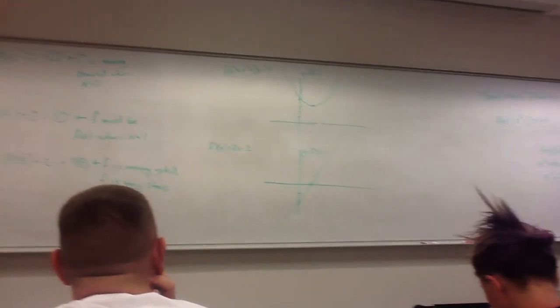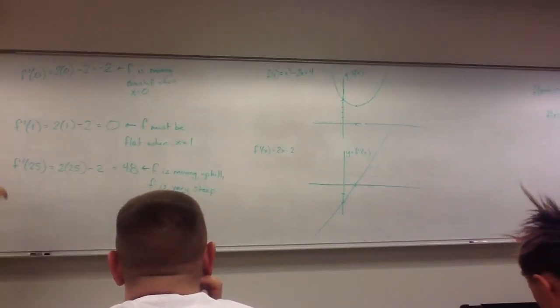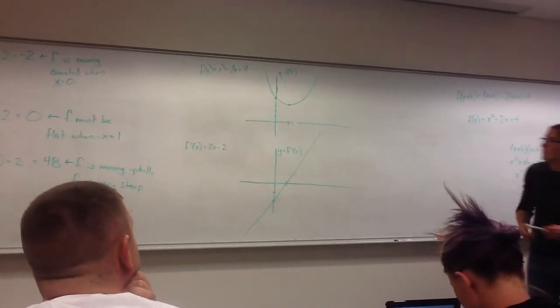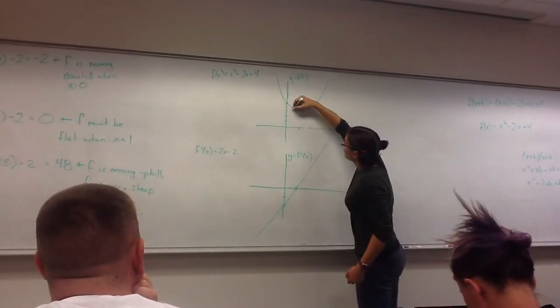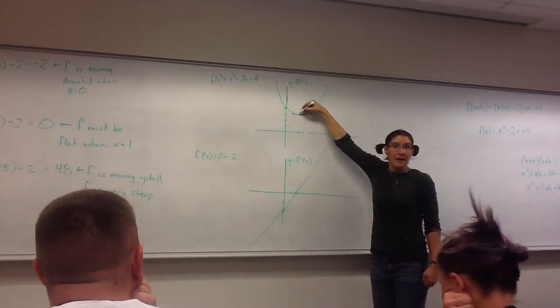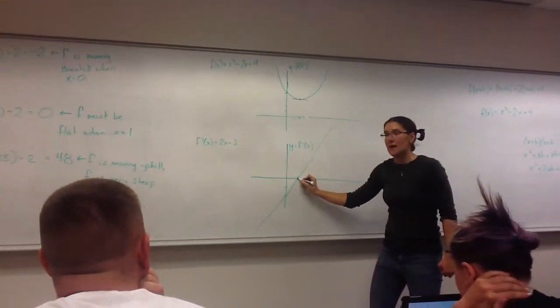Okay, so I want you to take a look at both of these pictures as they're drawn up on the board. And some things that you'll notice about these pictures. When we have a flat spot on our original function f, the height of our f prime graph is 0.